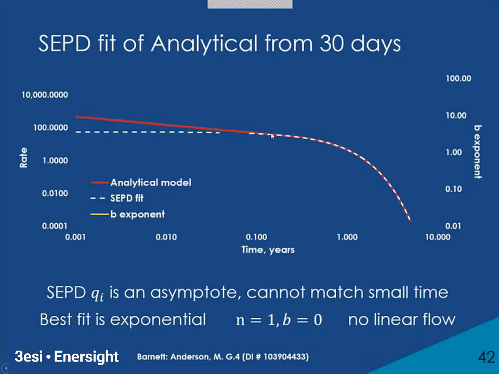So I start fitting here, and now I can fit the data really well, and I can fit more of the data than I would before. If I extrapolated that backward, I would get a better fit. But now my best fit is an exponential equation. In other words, I've moved past the end of linear flow, and now I'm fitting exponential.